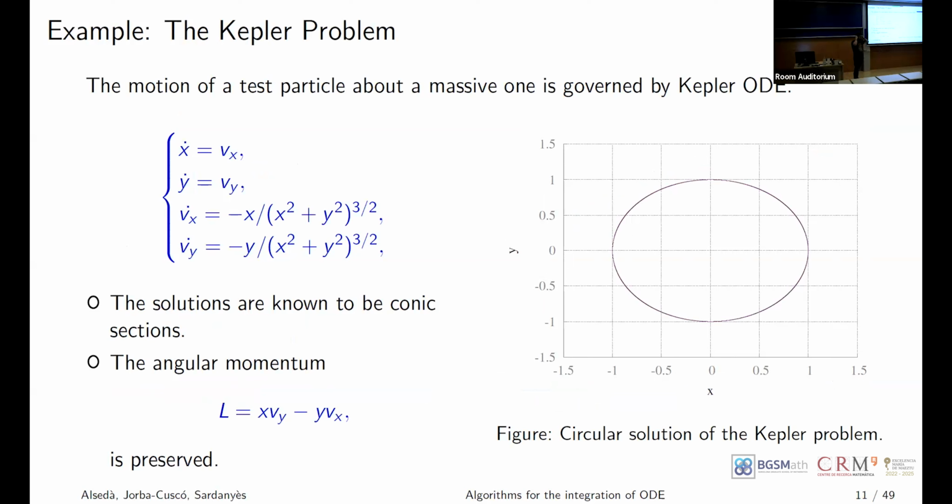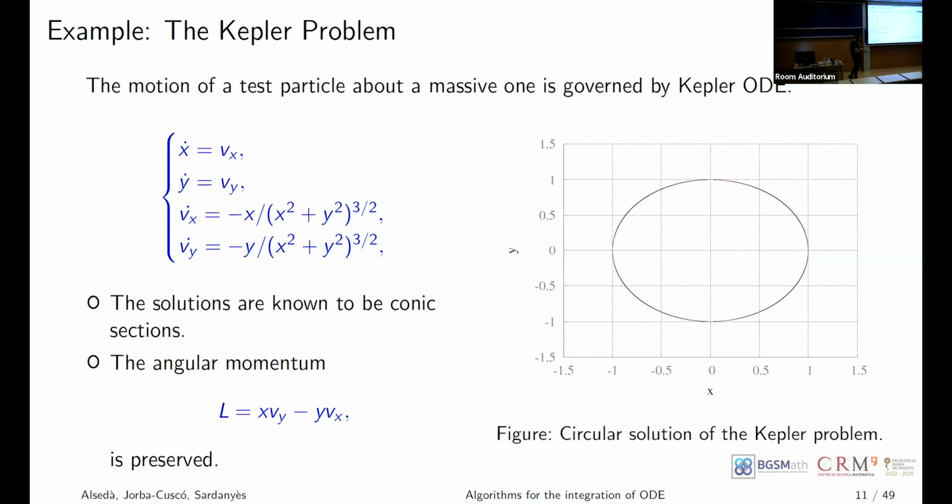And it models the motion of a test particle about a massive body. Test particle means an asteroid, a spacecraft, or maybe a planet orbiting around the sun. So basically what this model does is assume that the test particle mass does not affect, in terms of gravity, the big mass. So we have a massive particle and a test particle.